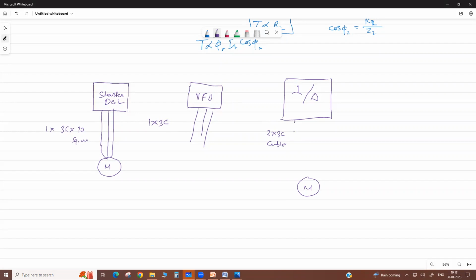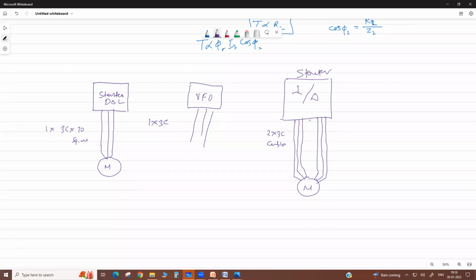Because these 2 cables bring all 6 terminals, this 2 and this 2. From this terminal box all 6 come here, and the star delta conversion takes place in the starter.